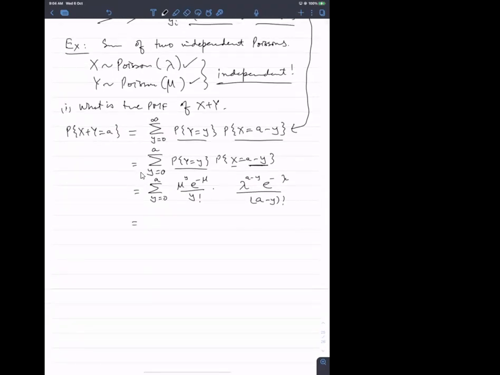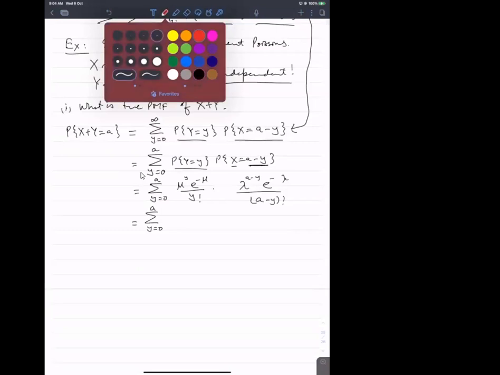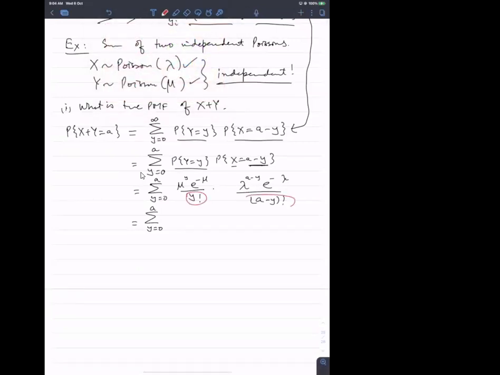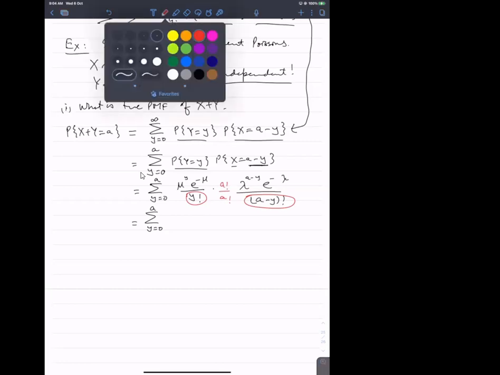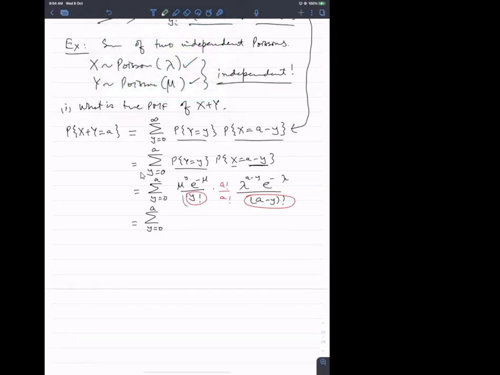So I'm going to rearrange this a little bit. You can notice here that you have a y factorial and an a minus y factorial. I multiply and divide by a factorial. So these three terms together, the y factorial, a minus y factorial and a factorial, give you a choose y.